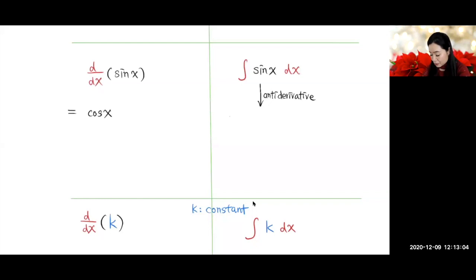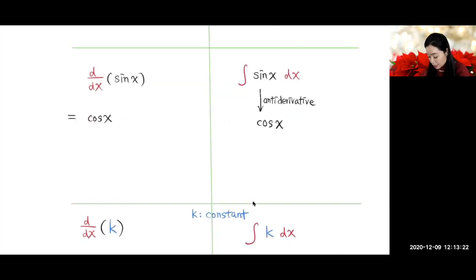When you differentiate cosine x, the derivative is negative sine x. Because this one doesn't have a negative sign, you fix this by putting the negative sign in front. So don't forget the negative sign over here in front, and then plus C.